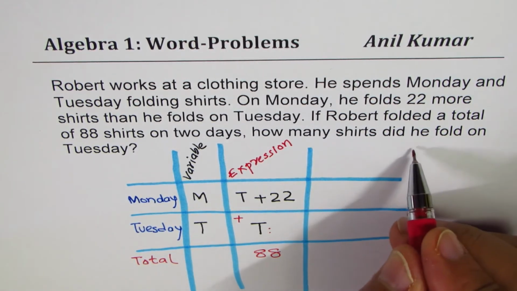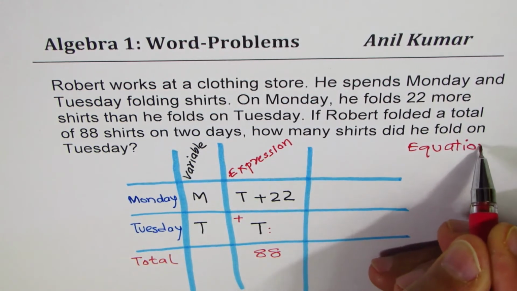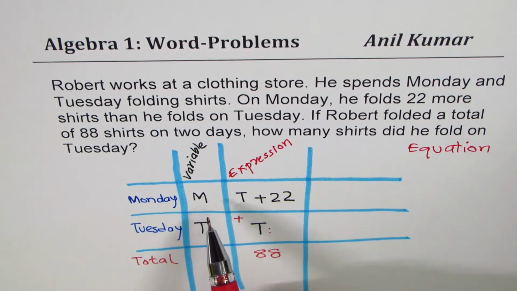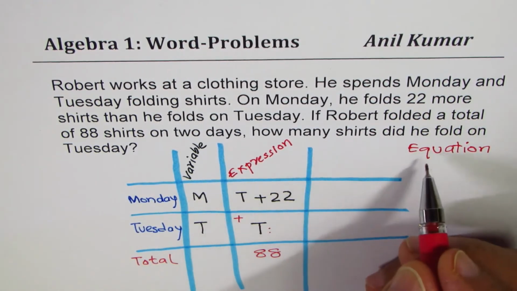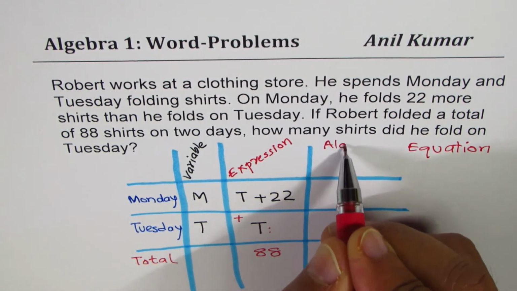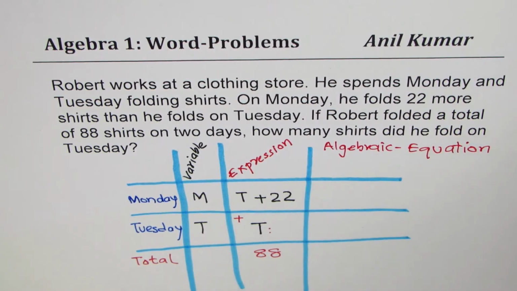And this is what we call an equation. Since we are using algebra, because of these variables, we call it an algebraic equation. So what is our algebraic equation?